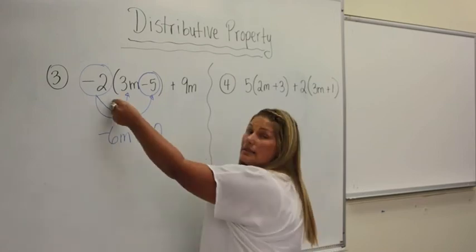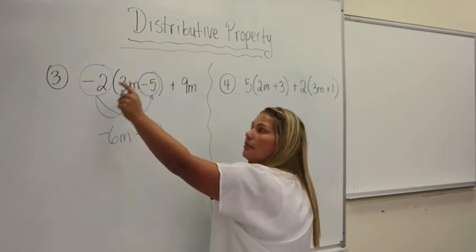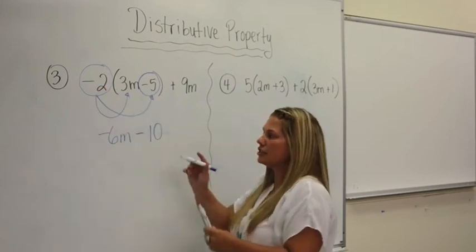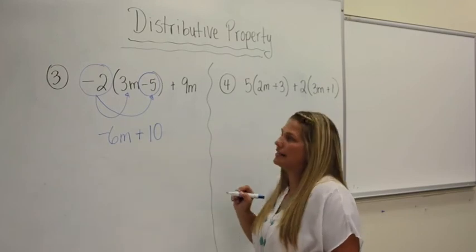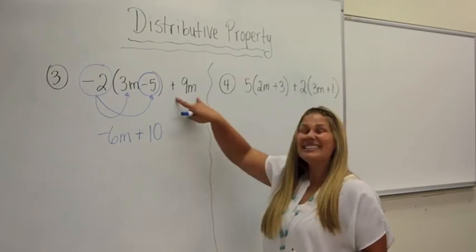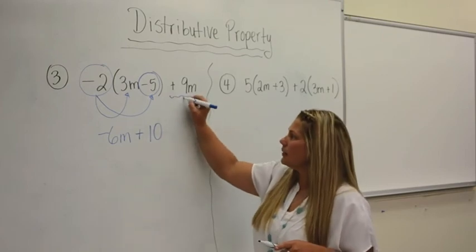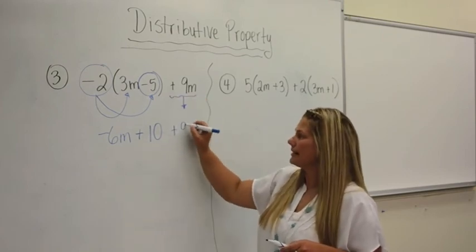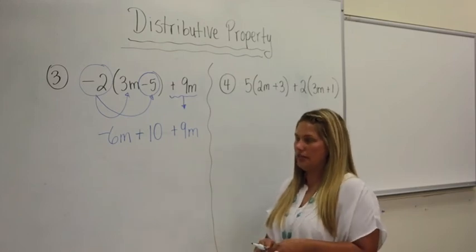And when we're multiplying a negative 2 times a negative 5, remember, 2 negatives cancel out. So that really becomes a positive 10. And this 9m is not in the parentheses, so that just means we have to bring it down for the next step. But that's actually not our solution.